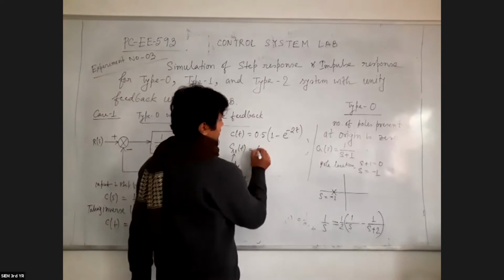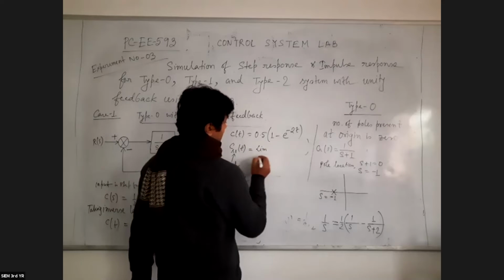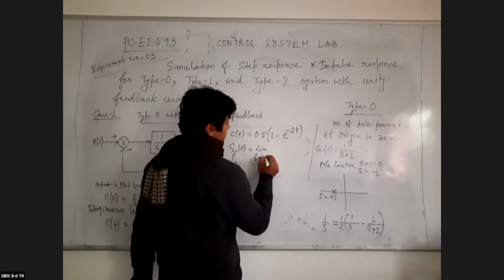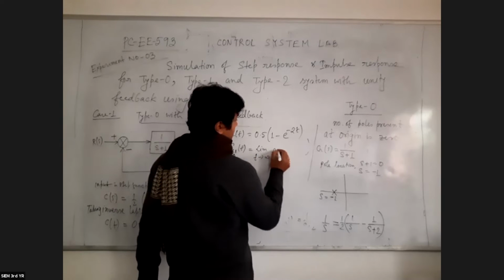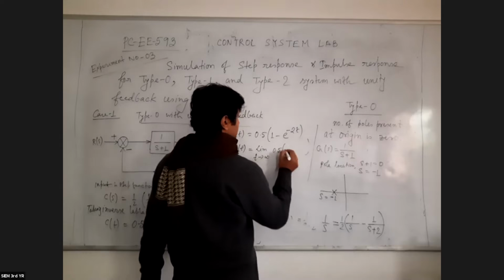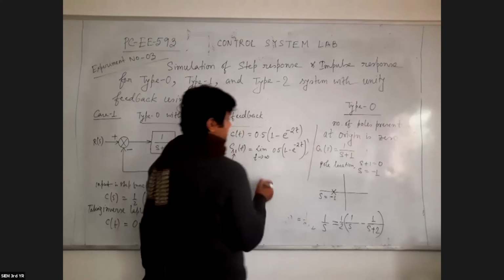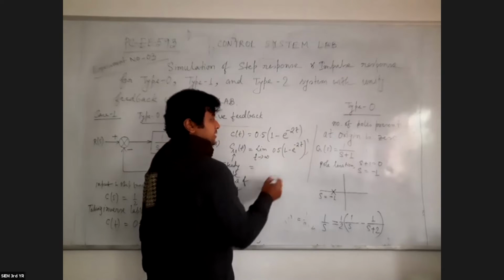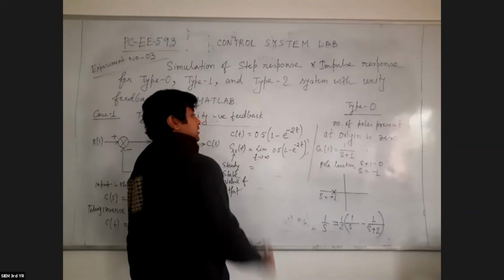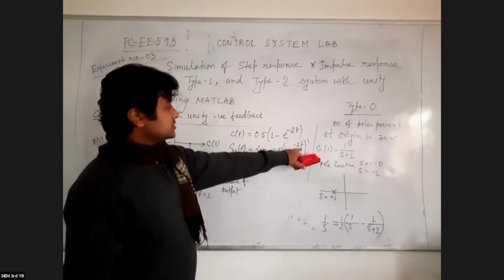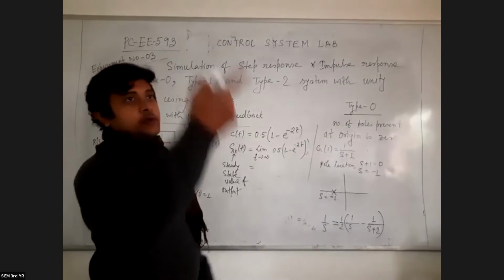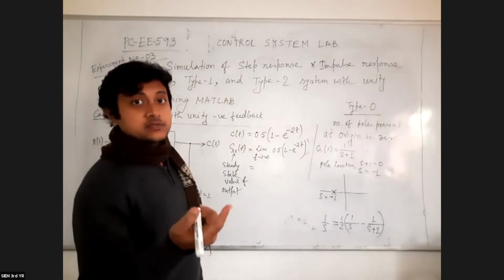So this one will be limit t tends to infinity of 0.5 into 1 minus e to the power minus 2t. If you put t tends to infinity here, then it will become 1 by e to the power infinity, so it becomes 0.